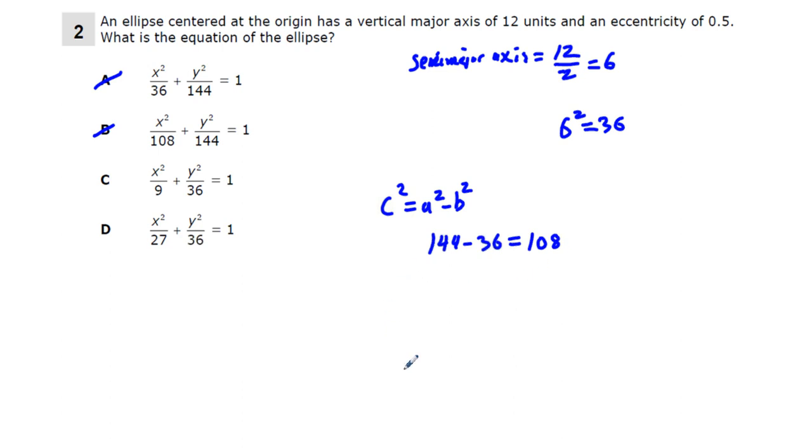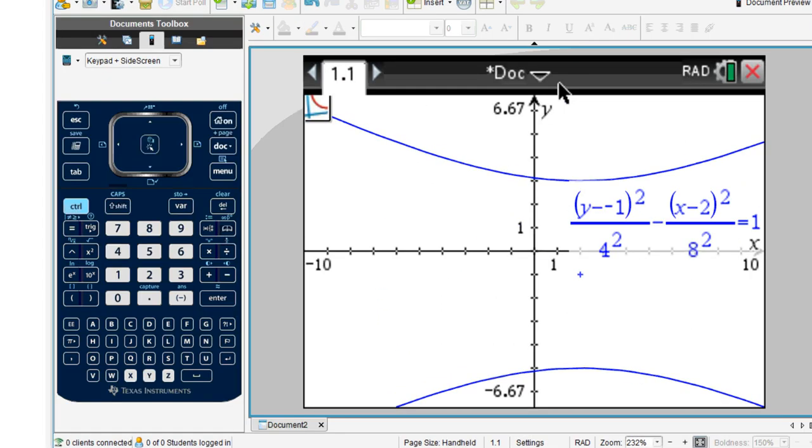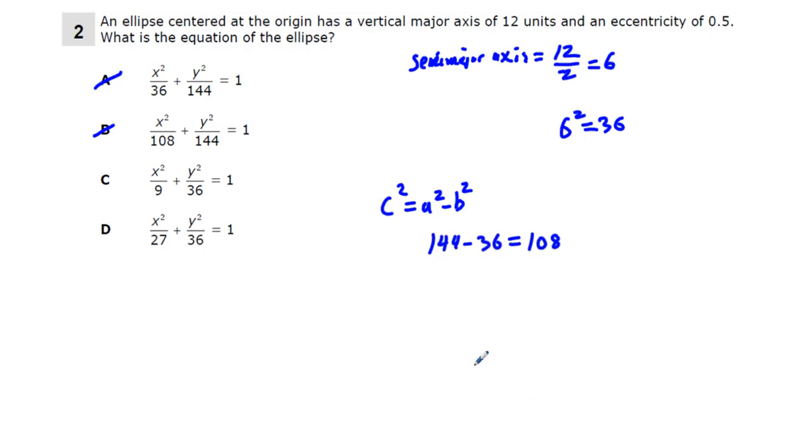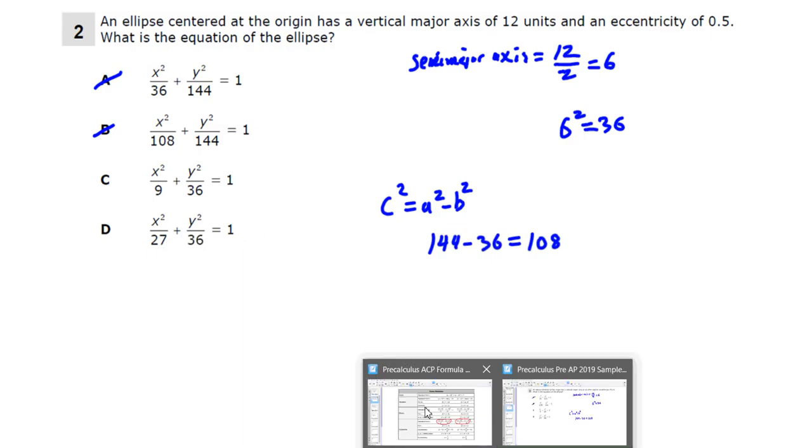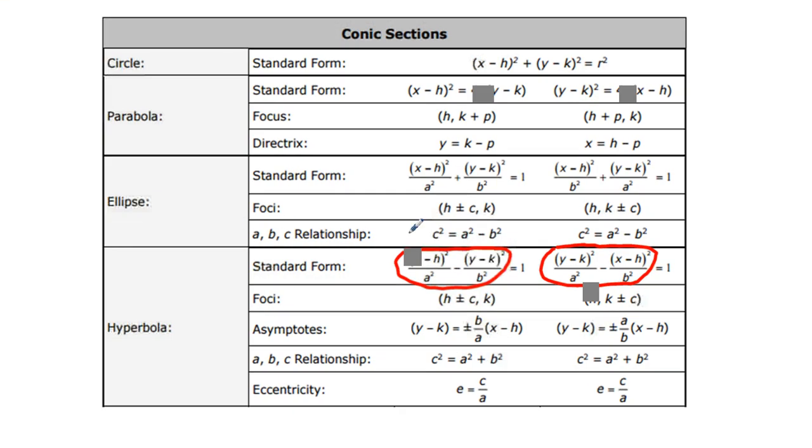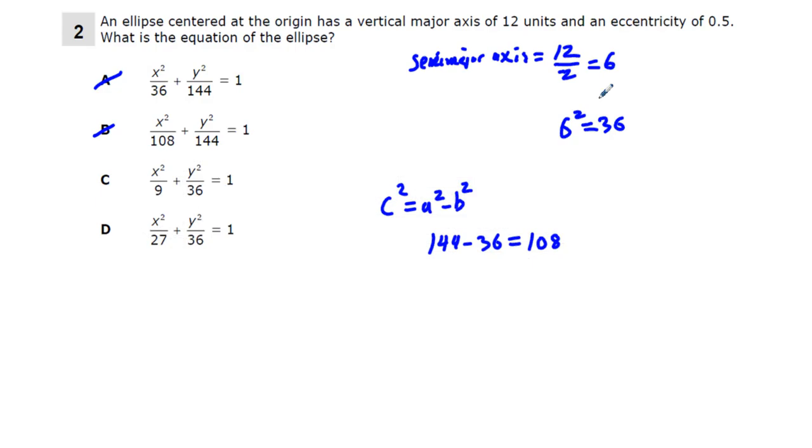So our eccentricity is going to be, oops, wrong thing. Eccentricity for an ellipse is, I don't even see it there for an ellipse. That's going to be for hyperbola.